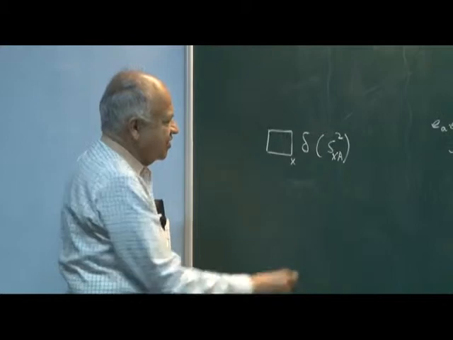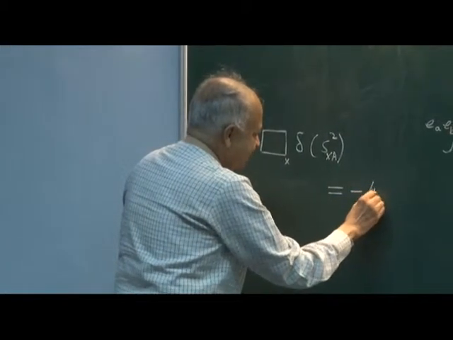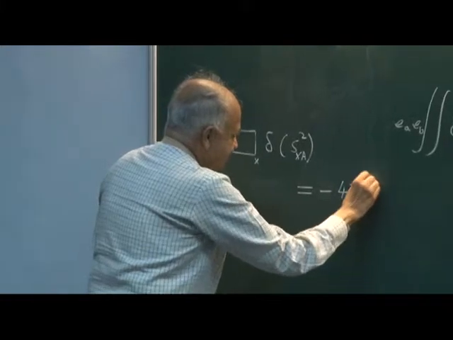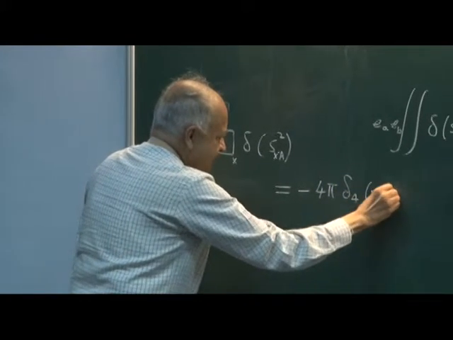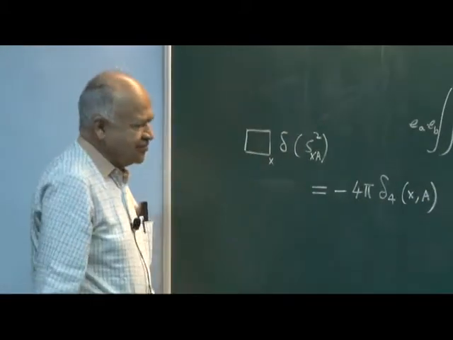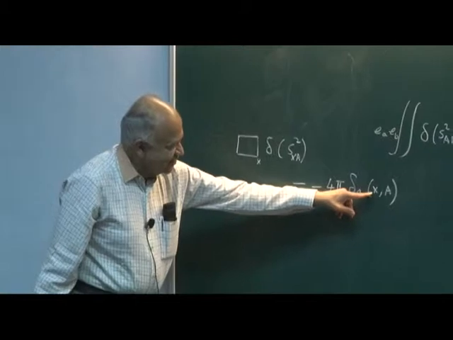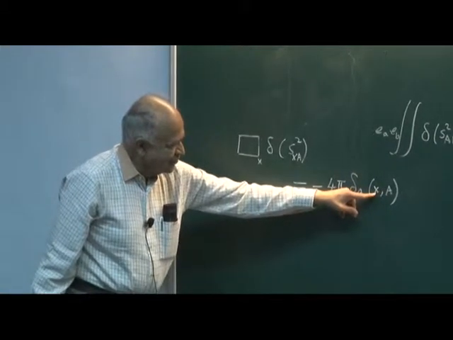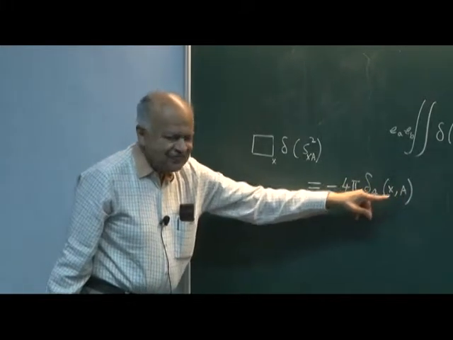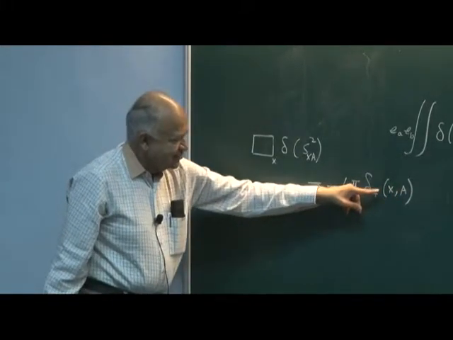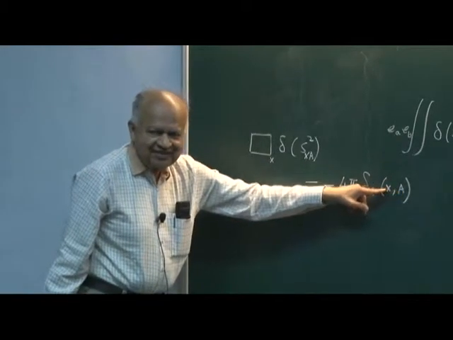So, this turns out to be equal to minus 4 pi delta 4(x, a). That means, if you take the 4-dimensional delta function which identifies the 4 coordinates x with the 4 coordinates a, this delta function will give you something only when x is actually equal to a.